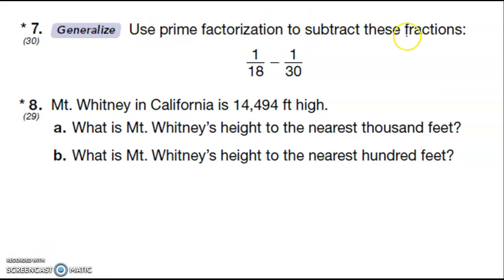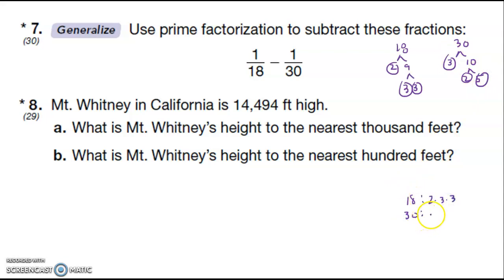All right, use prime factorization to subtract these fractions. So 18 is 2 and 9, 3 and 3. 30 is 3 and 10, 2 and 5. So if I have 18 and 30, 2 times 3 times 3, 2 times 3 times 5, and I circle what they have in common, then I know my lowest common multiple is going to be 2 times 3 times 3 times 5, which is 6 times 3 is 18, 18 times 5 is 90.